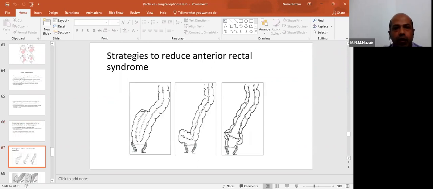So after ultra-low anterior resection, some of the patients develop anterior resection syndrome. So to minimize this, there are a few ways which have been tried.